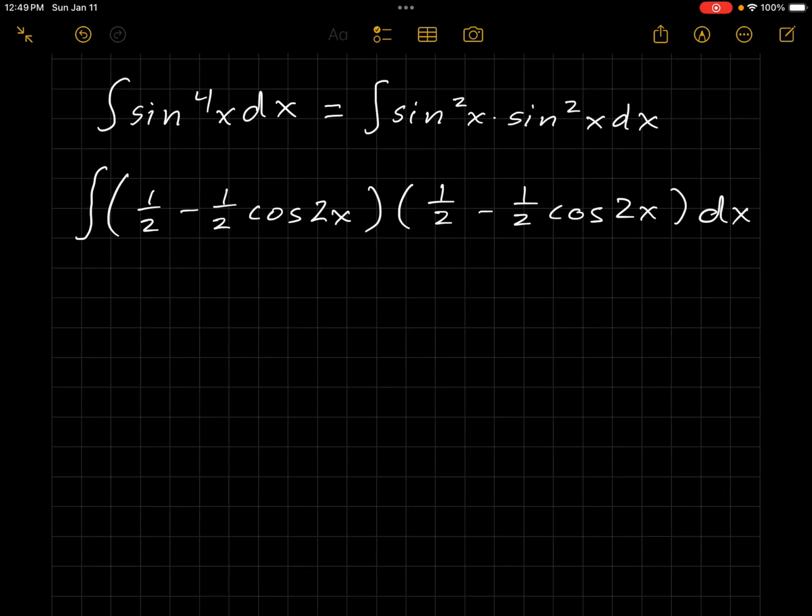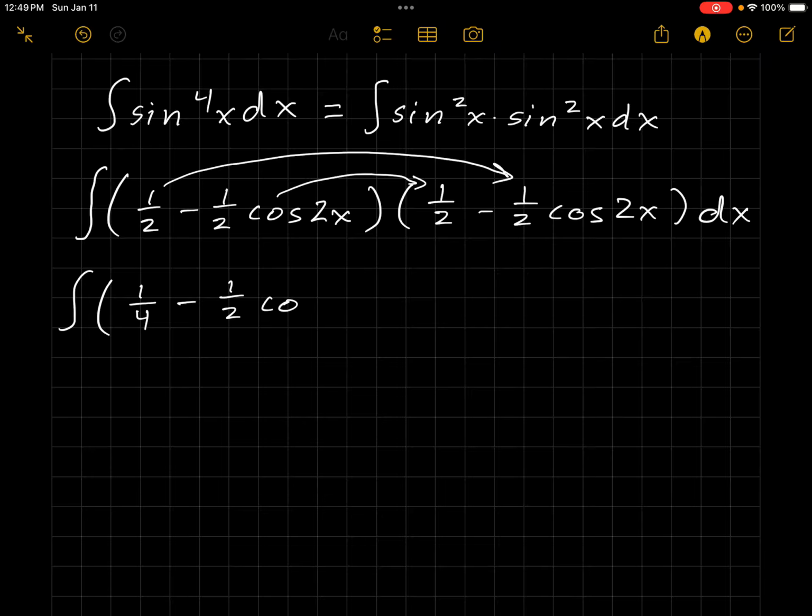Now, we need to distribute or multiply both of these things. So I get 1/2 times 1/2, and then, to show you what I'm doing, if I do this one multiplied, and then this one multiplied, you would get negative 1/4 cosine 2x twice, plus 1/4 the cosine squared of 2x.